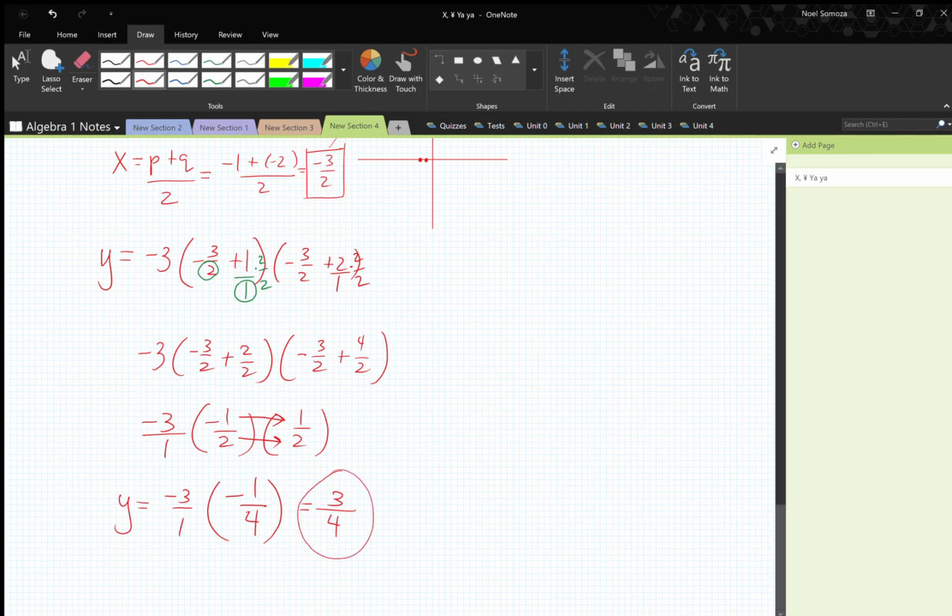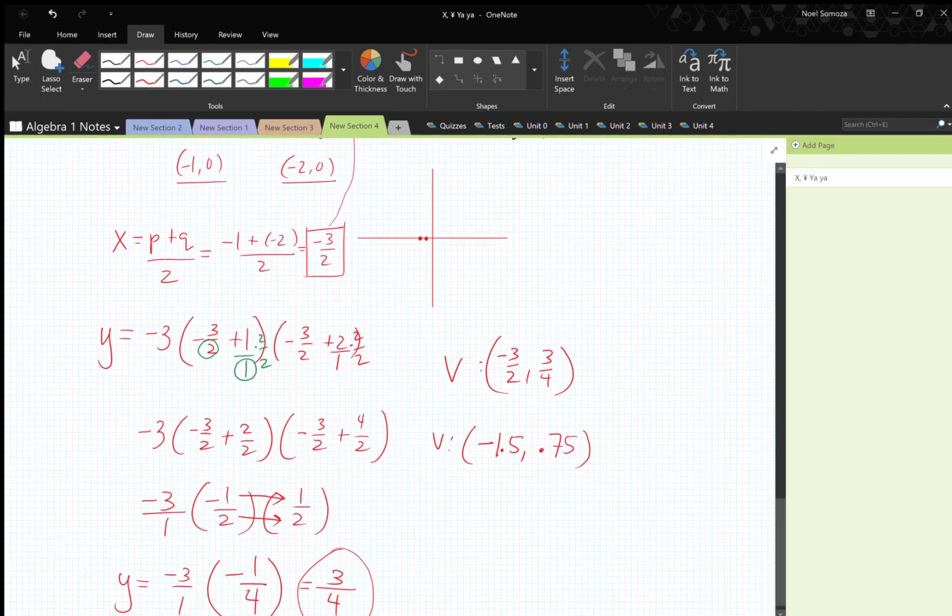So my vertex is going to be negative 3 over 2, comma, 3 over 4. And where is negative 3 over 2? Negative 3 over 2 is the same as saying negative 1.5. And 3 over 4 is like saying 0.75. You can always use a calculator just to double check, but this helps you identify where it is going to be on the number line.